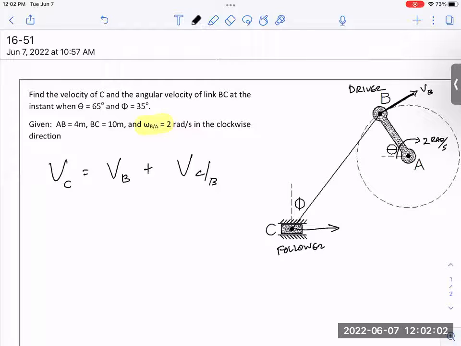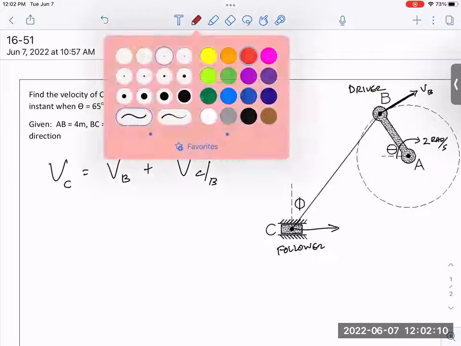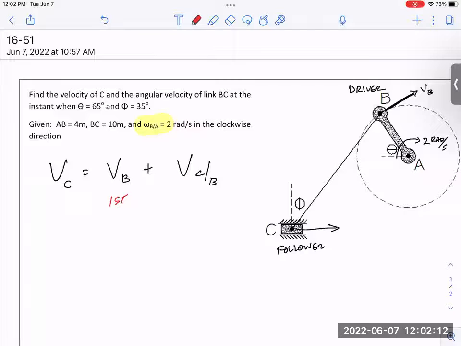We're saying B moves first. So this is first. Okay, what does that do to C? Well, let's say it moves to, we'll let it move to here, moves to right there. Well, then doesn't that cause C to do exactly the same thing?